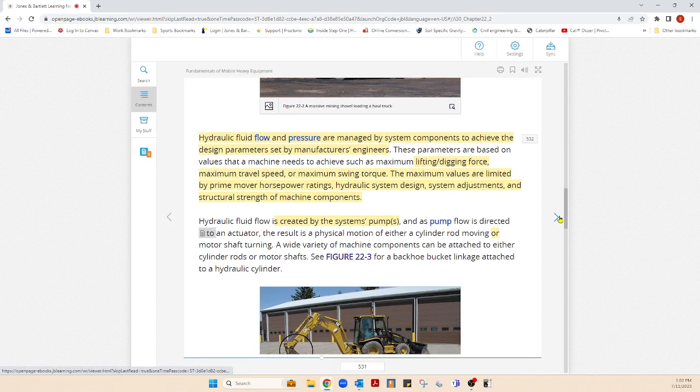Let me just talk about flow and pressure. Flow and pressure work together, and they're managed by a system of components to achieve the design parameters set by manufacturing engineers. These parameters are based on values that a machine needs to achieve, such as lifting things, digging, etcetera.